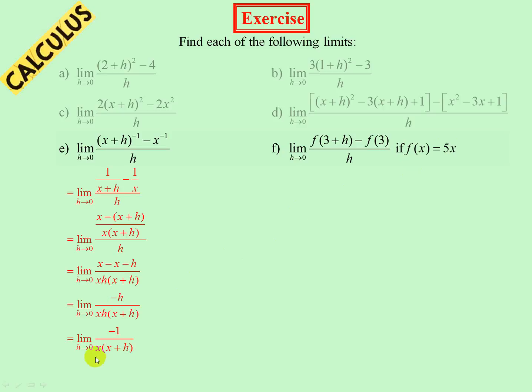Zero in for h means x times x, so we have x squared below. Negative just transfers to the whole fraction.